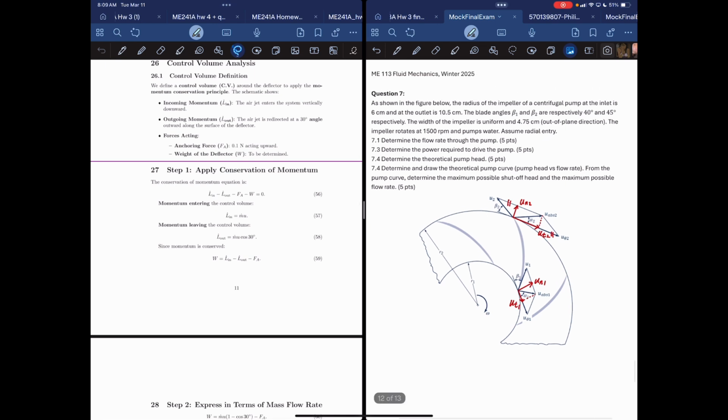So this time we have a centrifugal pump, so it's different, and it'll tell you what direction, if axial versus radial. So then that changes the angle. That's a big tip. Okay, and then also depending how you draw your velocity triangle.